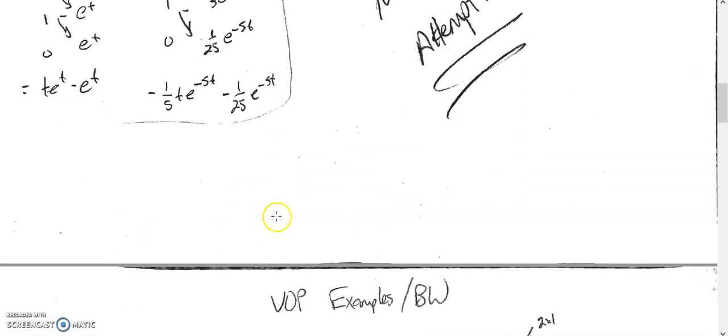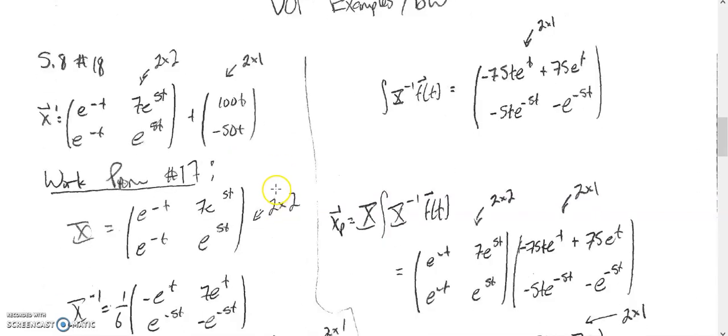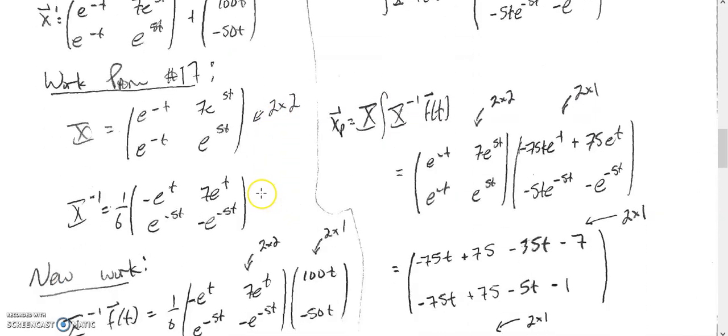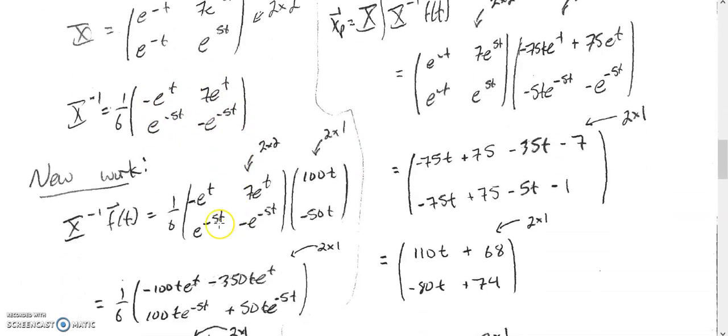So when I went and redid it after being a little frustrated, here's my X: e to the negative t, and then 7 e to the 5t, e to the 5t. X inverse from the last problem was 1/6 times this mess right here: e to the t, 7 e to the t, e to the negative 5t, negative e to the negative 5t.